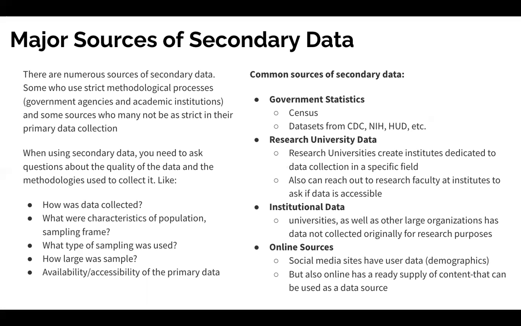Research universities have institutes dedicated to data collection in a specific field. Certainly a lot of the UCs have these large scale research institutes, and some of those data sets are available for secondary data analysis. Some are public, most aren't. Most require you to reach out to the institution to get permission.